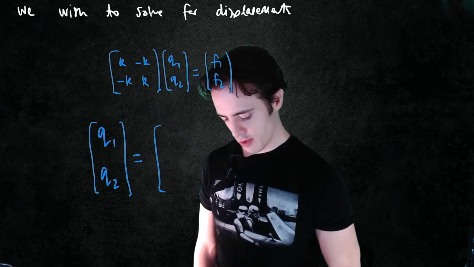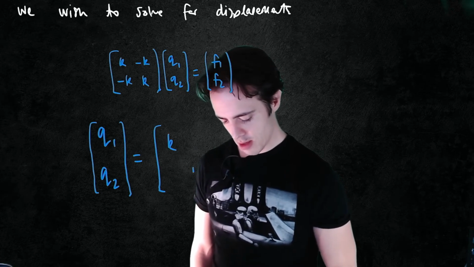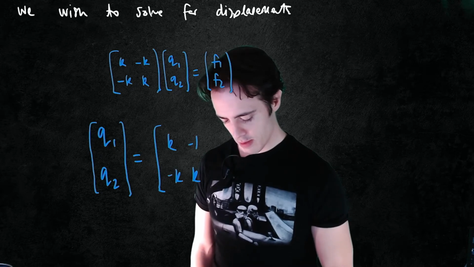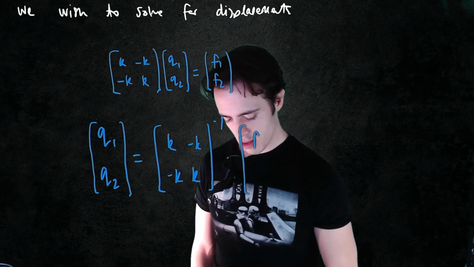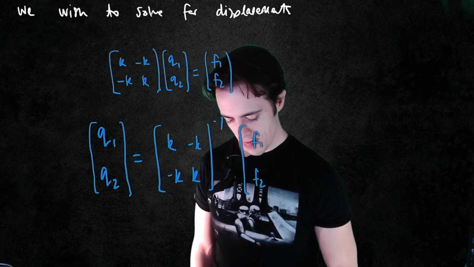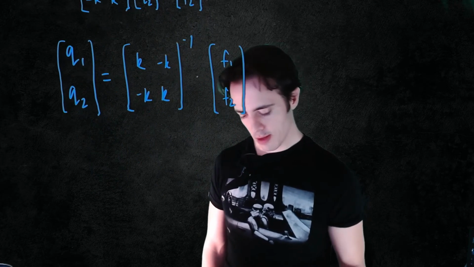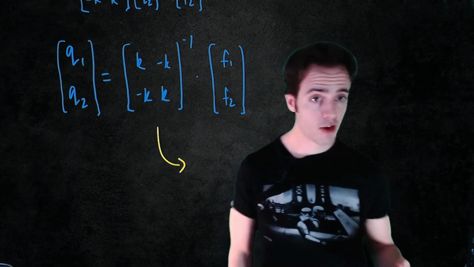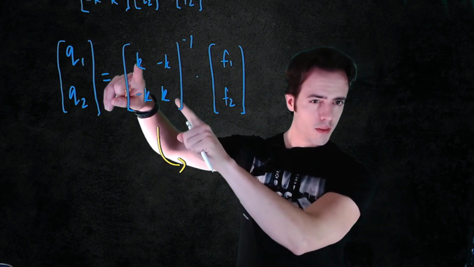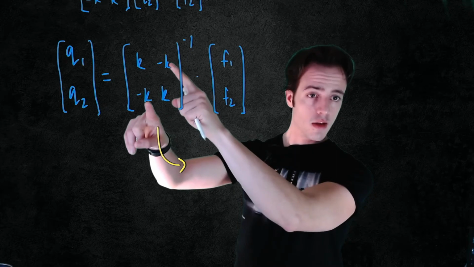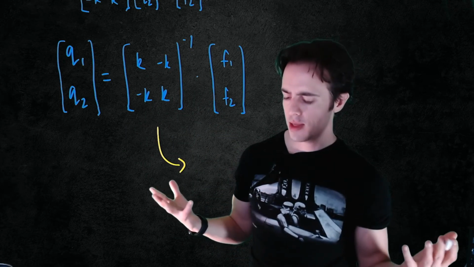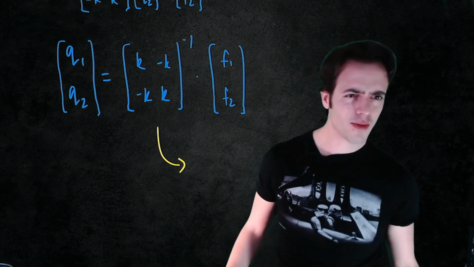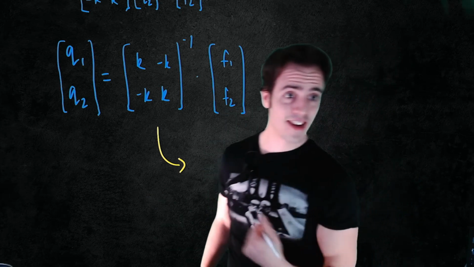It's going to be equal to the inverse of K, multiplied by F1 and F2. So let's think about how we do this. Well, it's a 2 by 2 matrix. So I swap these over and I change the sign of these, and then I divide it by the determinant of the matrix.